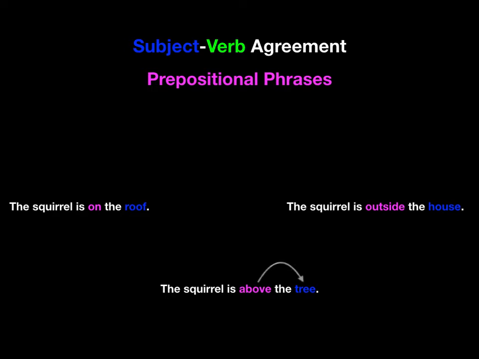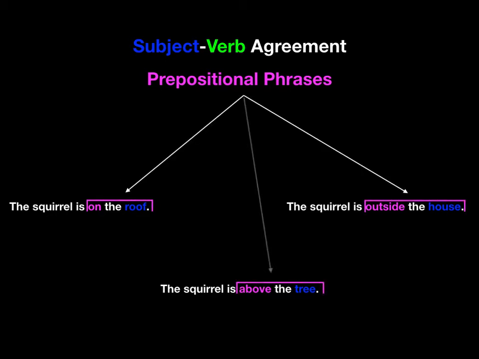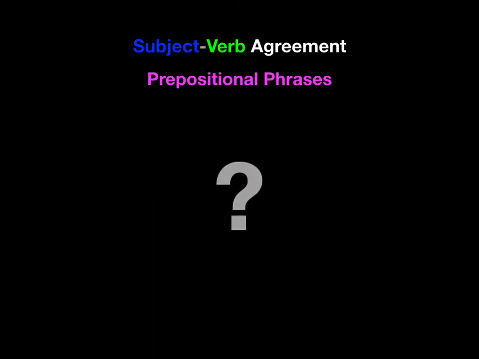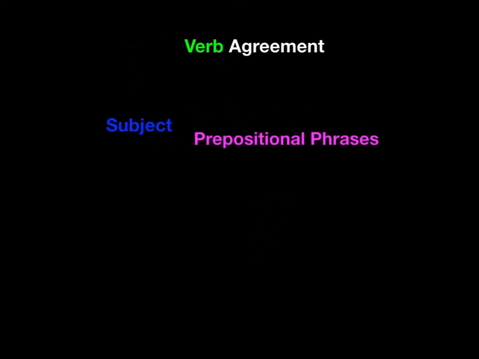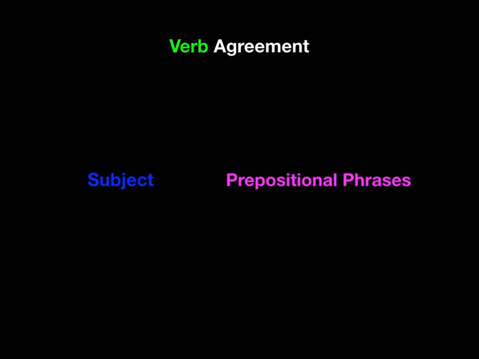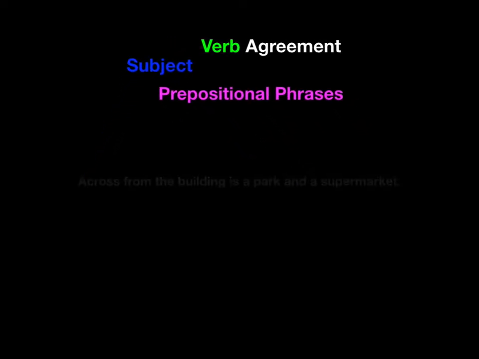So everything from on to roof, outside to house, and above to tree is part of what we would call a prepositional phrase. So, how does this actually help us when we're examining subject-verb agreement? Well, with a subject and a prepositional phrase, we should know that our subject can never be within a prepositional phrase. So let's look at an example to see how this influences our analysis.